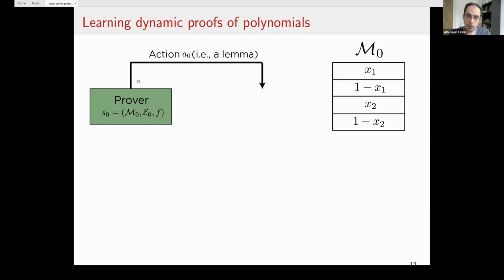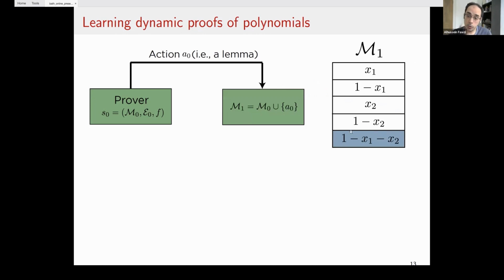At each step, as I said, you're going to take an action. The action is that you look at the lemmas that you have proven so far, and you multiply one of these by 1 minus xi, or by one of the gi's that you have. Then you update your memory so that you get a new polynomial that you have proven to be non-negative.